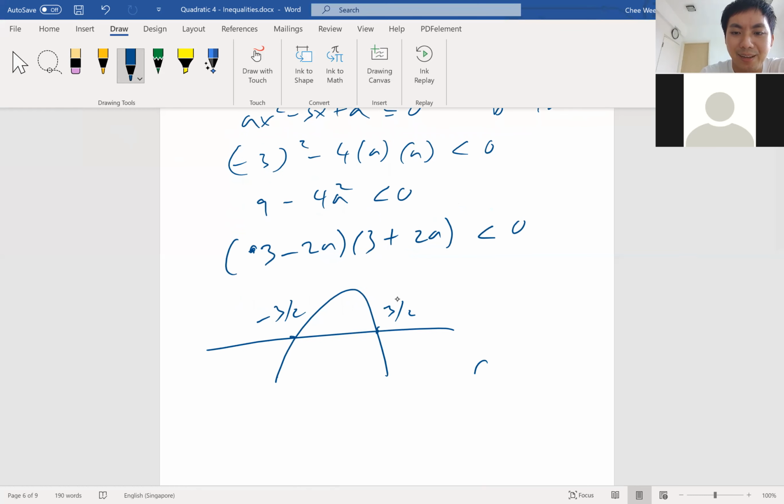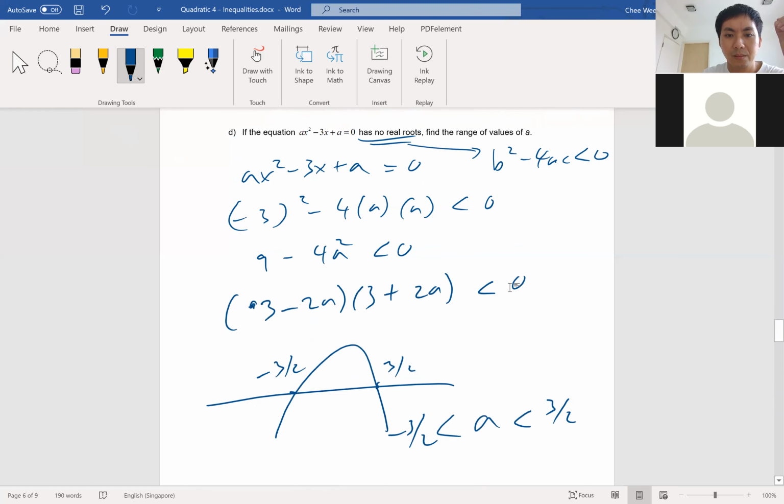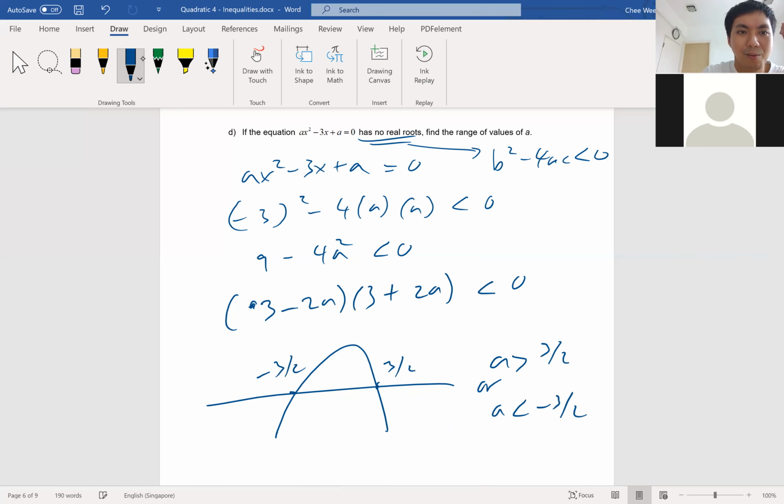So your answer is on A, remember. Wait, I thought it was less than 0. Oh, yeah, my fault. We are interested in this arm and this arm. So it's this range of values and this range of values.